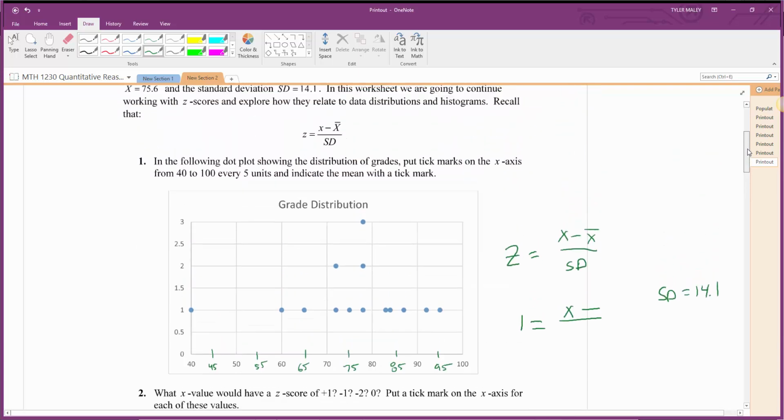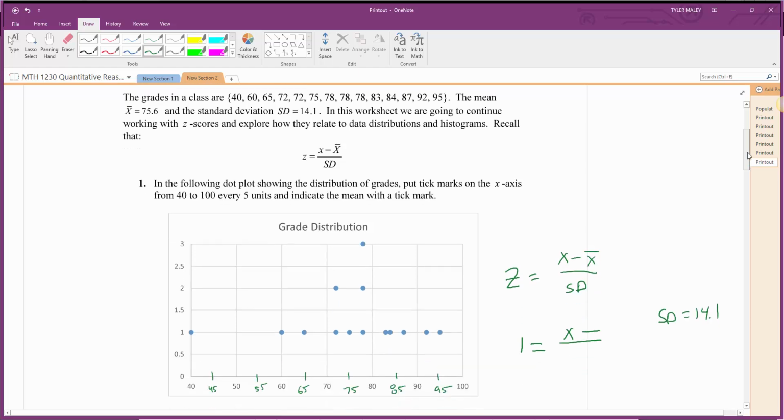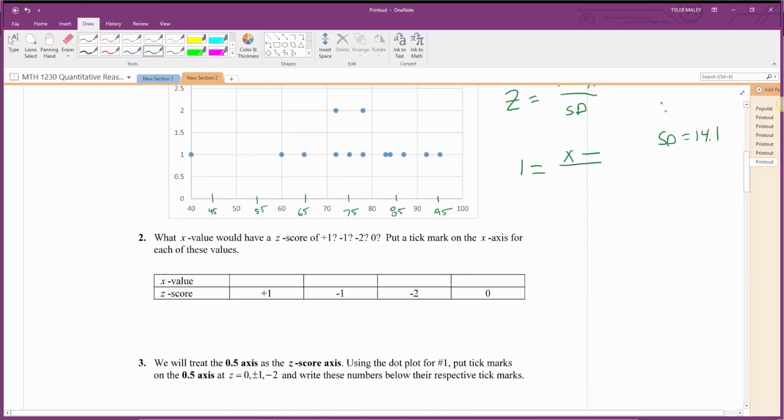We also need to know the mean, 75.6, right? So I'll just make note of that here. So we take x minus the mean, which is 75.6, and then divide by the standard deviation, which is 14.1. Right, so we need to solve for x.